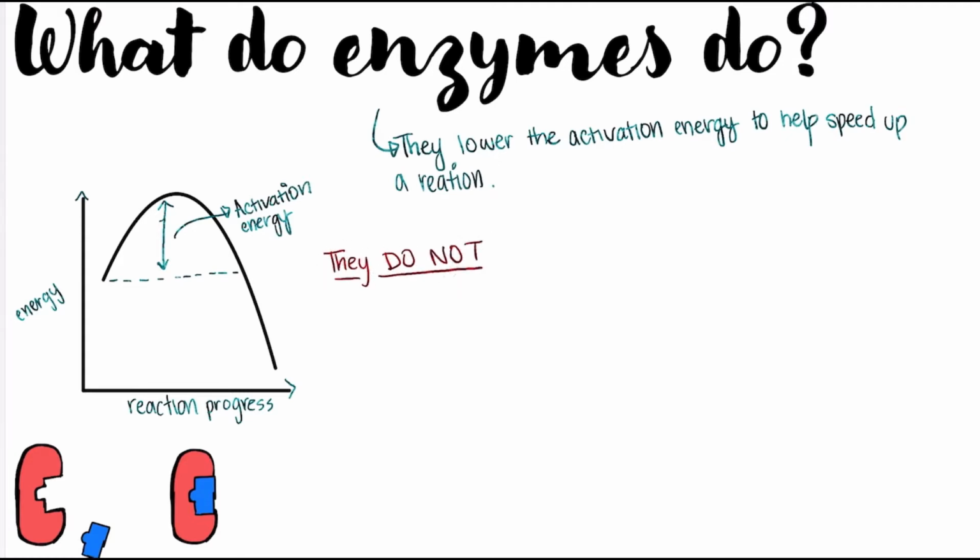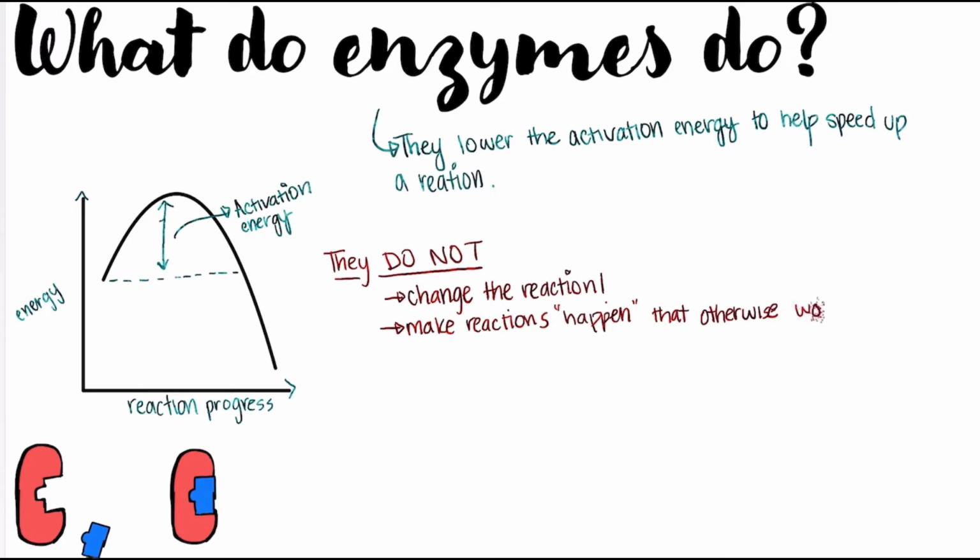Now, it is important for y'all to understand things that enzymes are not going to do. These are common misconceptions. Enzymes are not changing the reaction. It stays the same as what would have happened; they're just helping it along. Enzymes will not make reactions happen that otherwise would not have happened. They're not magic.